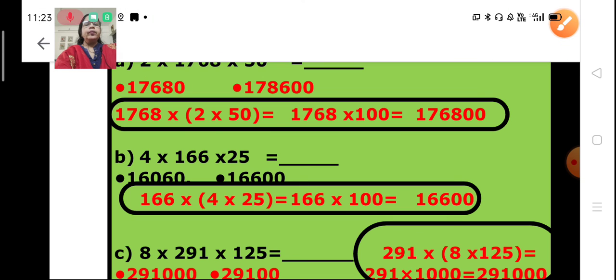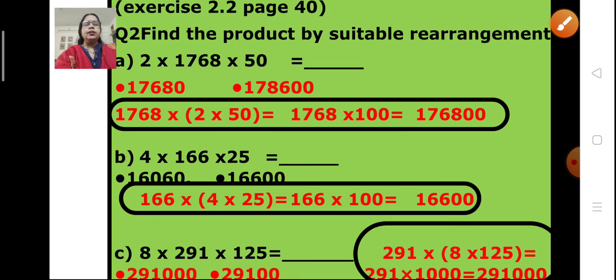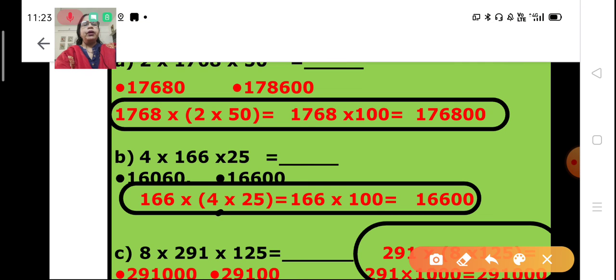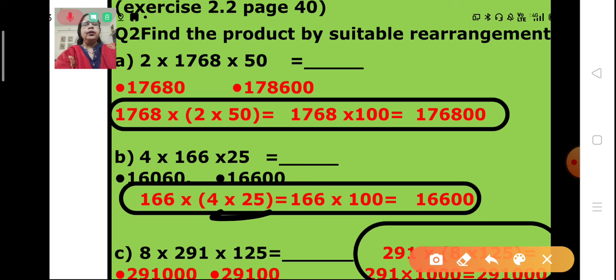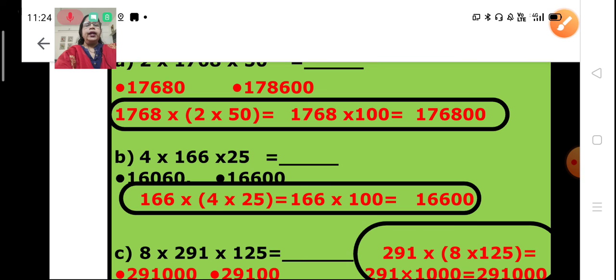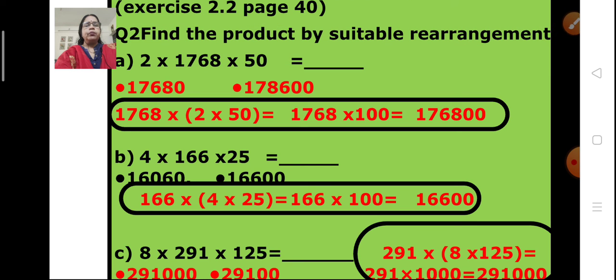Now the next one is 4 multiplied by 166 multiplied by 25. 25 multiplied by 4 is 100, so we bring them together, and multiplying 166 by 100 we get the answer easily, 16,600. Similarly, problem C: 8 multiplied by 291 multiplied by 125. Here we bring 125 and 8 together and multiply them first.